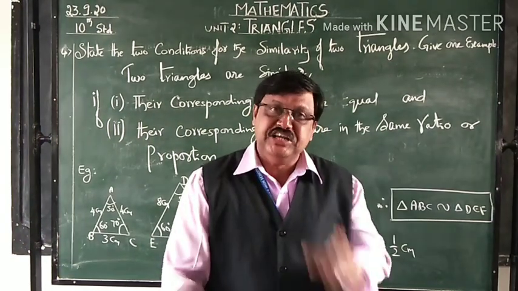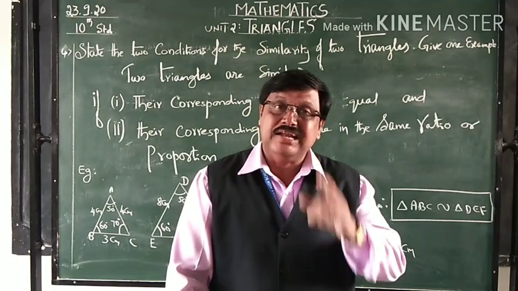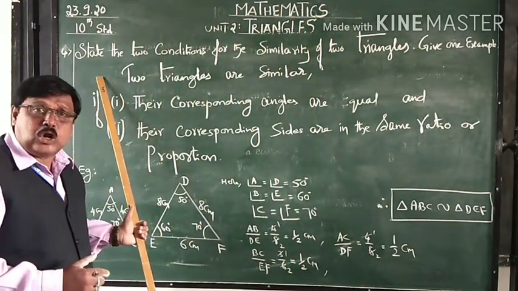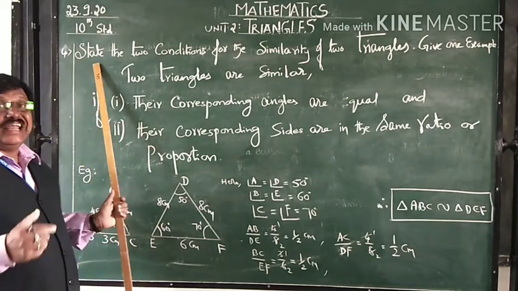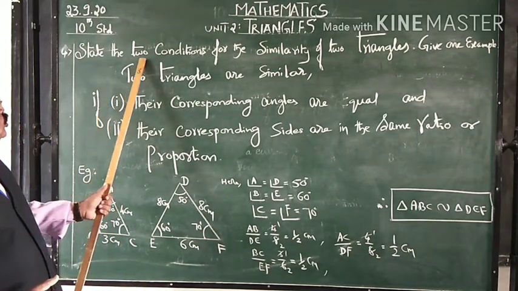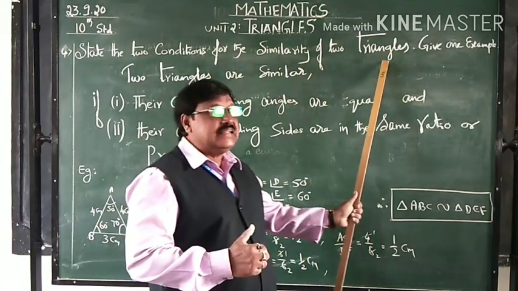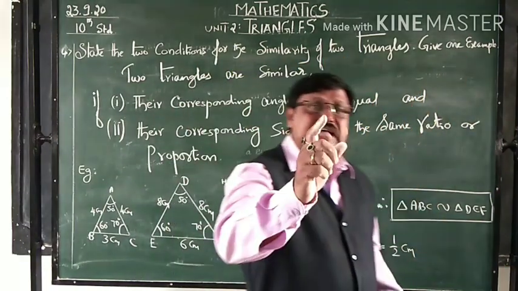Students, you see the conditions for similar triangles. I can ask the question, fourth one, like this. State the two conditions for the similarity of two triangles. Give one example.